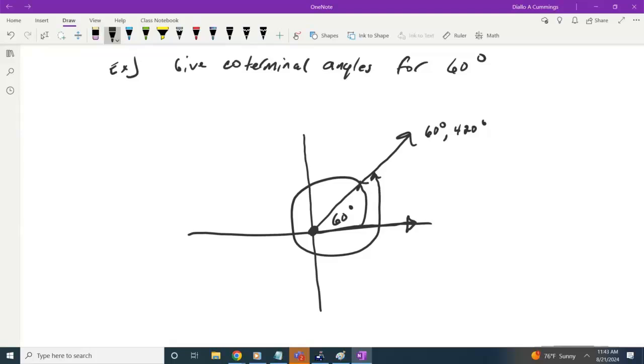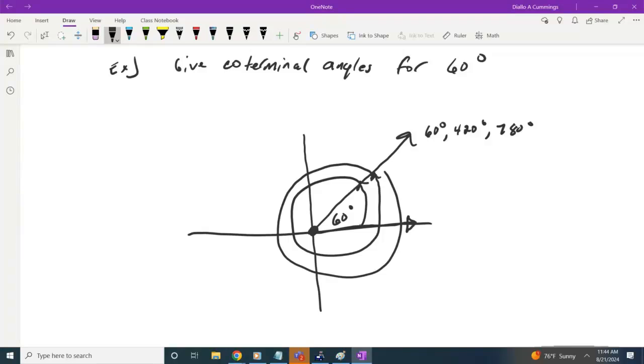I could also find another positive coterminal angle by doing what? I could add another 360. So 420 plus 360 is 780.